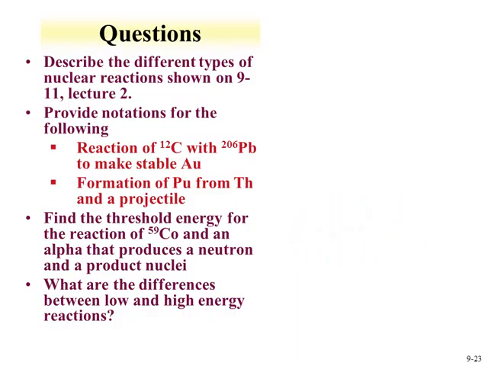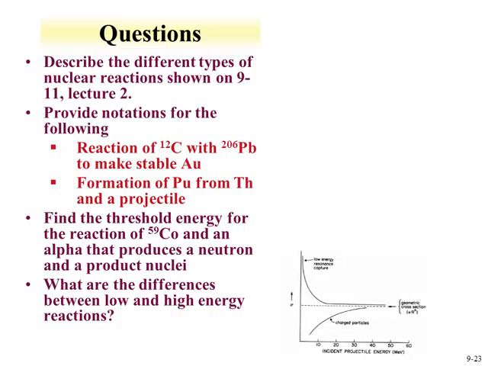And then, what are the differences between low and high energy reactions? Well, one of the things is that it depends upon what particles we're talking about. Often low energy neutrons have higher cross sections. They decrease and then they'll reach a constant value. Sometimes there won't be any cross section. So if you think about the fission cross section for uranium-235 compared to uranium-238, uranium-235 behavior is more like this.